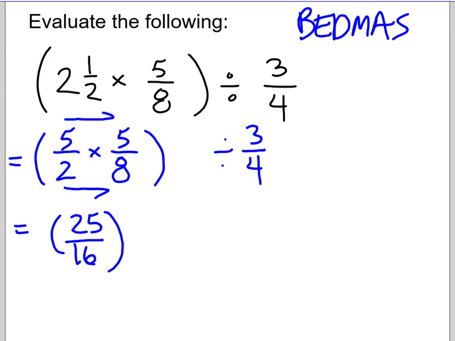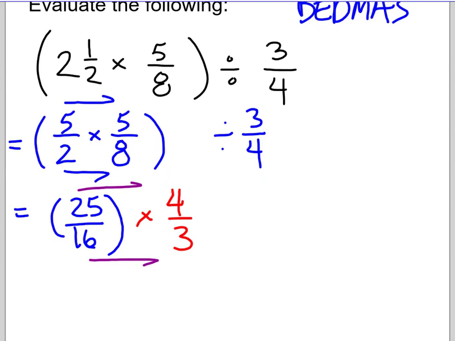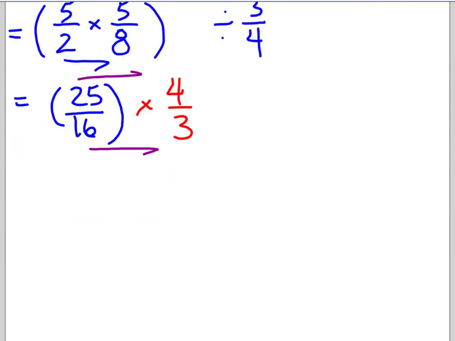So instead of dividing by 3/4, I'm going to times by 4/3. So I'm taking advantage of my shortcut that I'm very comfortable with. And now I can multiply across the top, multiply across the bottom. Oops, I'm running out of space here. See if we can get this to extend. So this becomes 100 over 48.